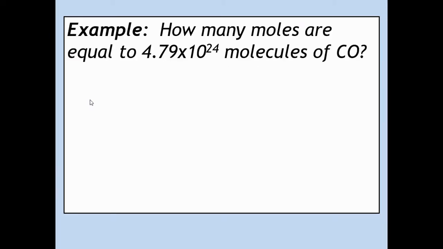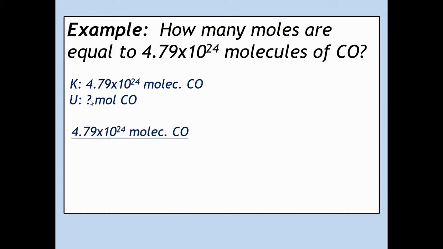Let's do another problem. How many moles are equal to 4.79 times 10 to the 24 molecules of CO? What do we know? We know 4.79 times 10 to the 24 molecules of carbon monoxide. What's our unknown? We want to know how many moles of carbon monoxide. So let's write down what we know, put it over 1. We want molecules to cancel out.